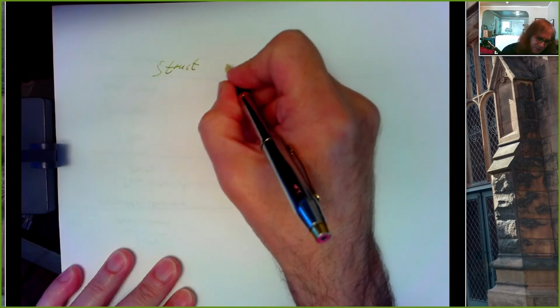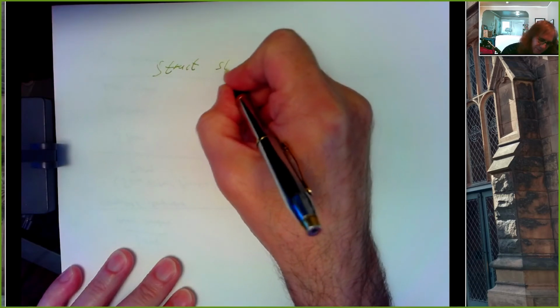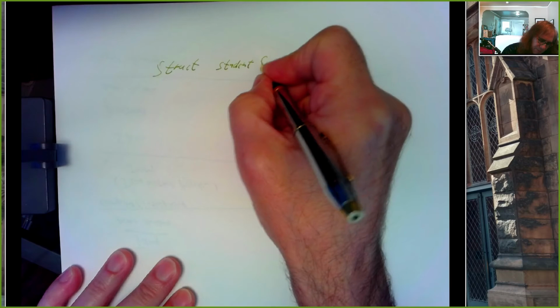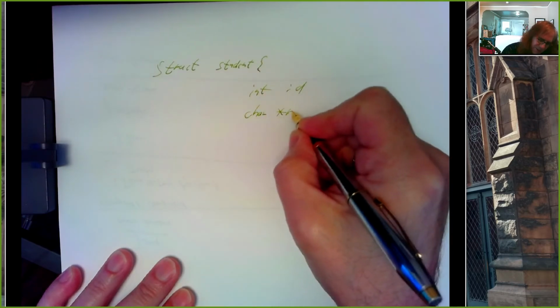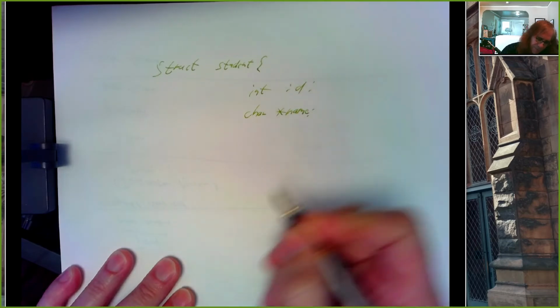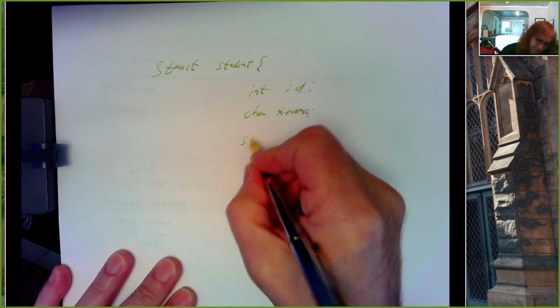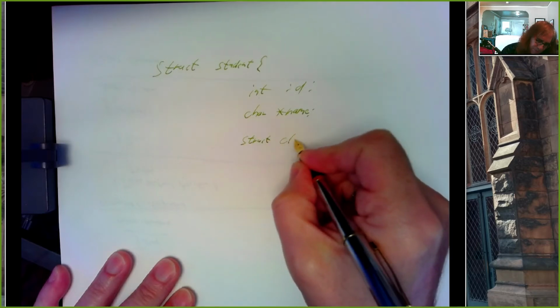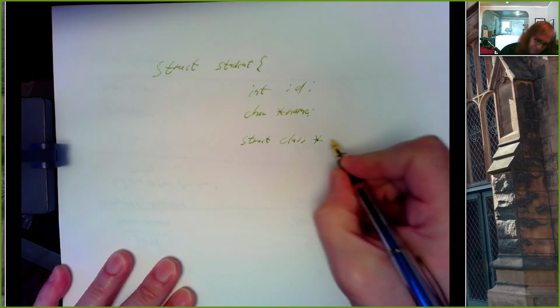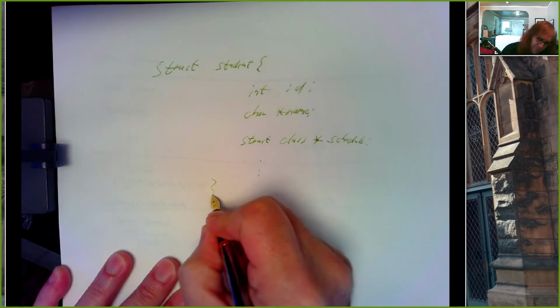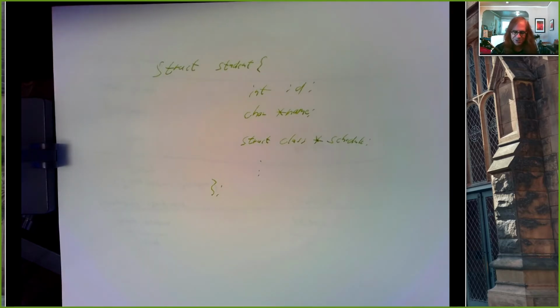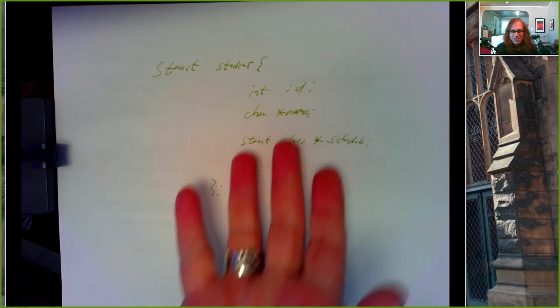So we could have a struct student, and it could have an integer ID and a character name, and maybe an array of struct classes called schedule that references all the classes that the student is taking, and so on and so forth. So a bunch of data, right?